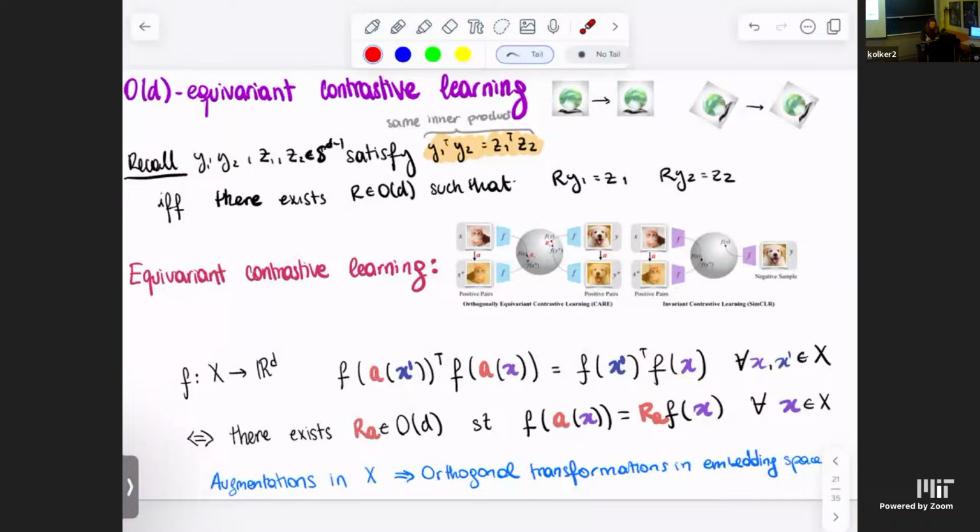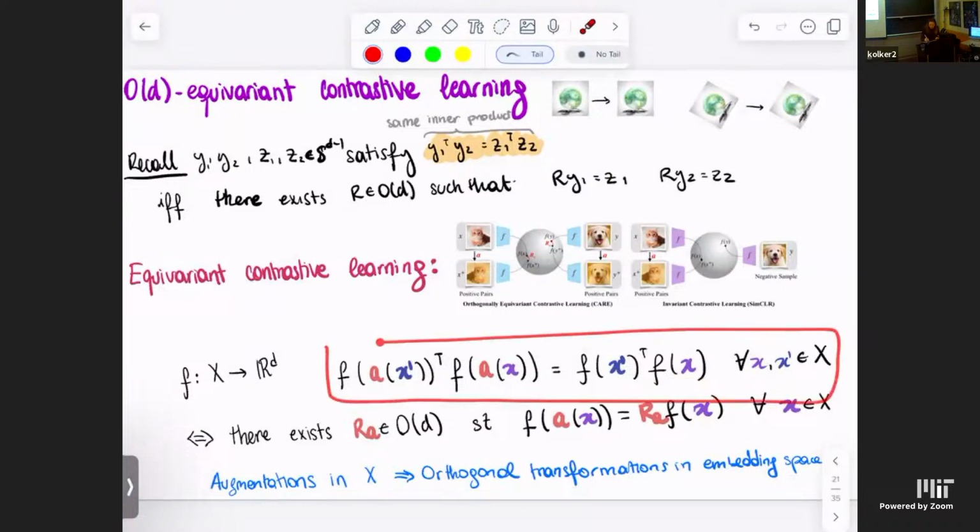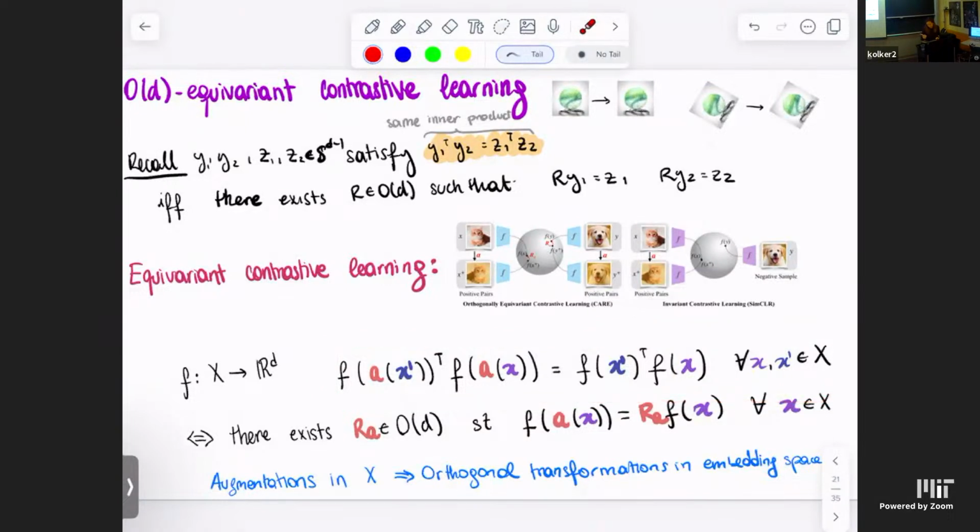So if this holds for all pairs of points, then you can show that there exists an orthogonal transformation so that applying the augmentation to my point x and then finding the embedding is the same as applying my orthogonal transformation on the sphere to the embedding of x.